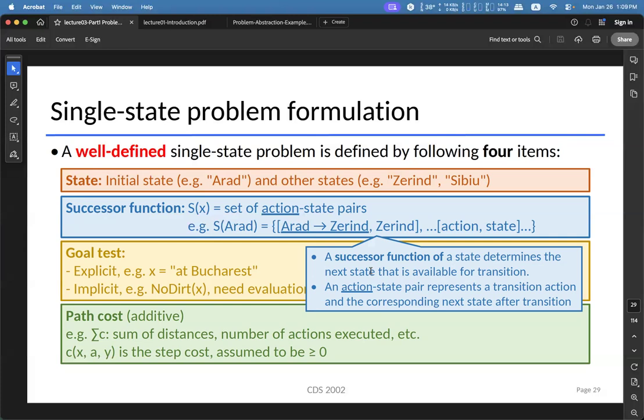If you are given a graph, you take all the nodes and record all their neighbors. This data structure is, I remember, called an adjacency list, or adjacency table. Essentially the successor function is doing the same as the adjacency list in graph data structure, but we don't call it an adjacency list, we just call it a successor function.